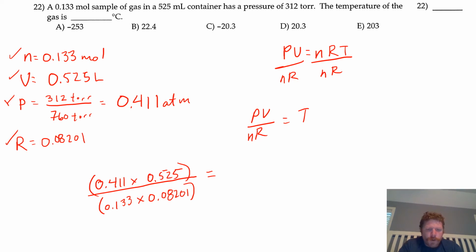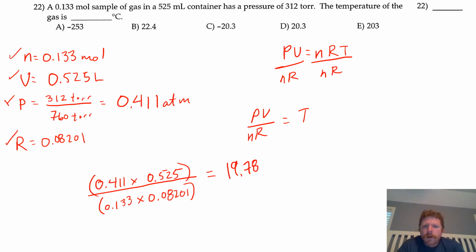So 0.411 times 0.525, close parentheses, divided by 0.133 times 0.08201, close parentheses. And I'm left with 19.78.